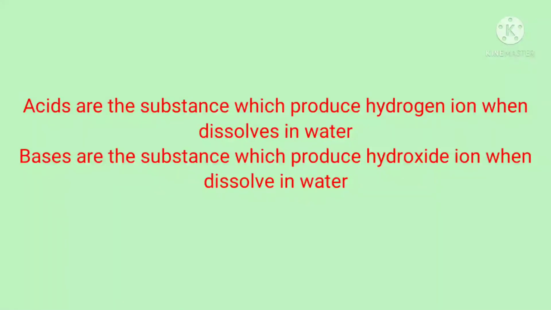By definition, we can say that acids are the substances which produce hydrogen ion when dissolved in water, and bases are the substances which produce hydroxide ion when dissolved in water.